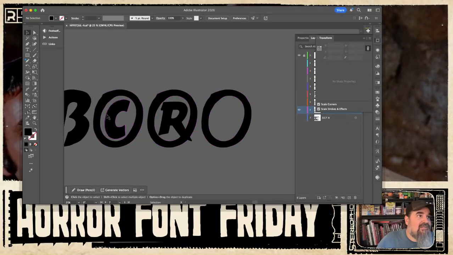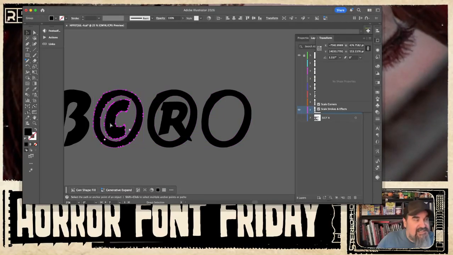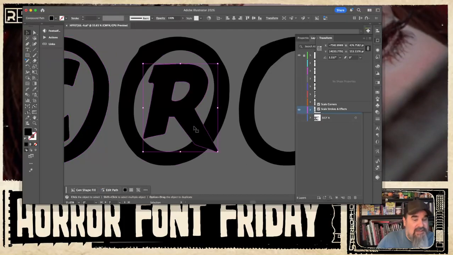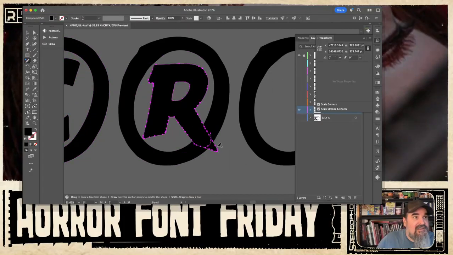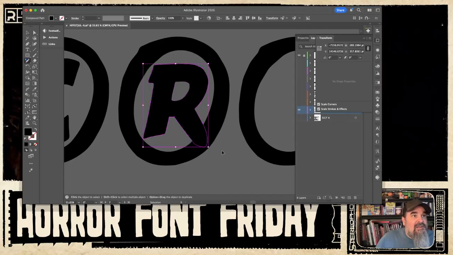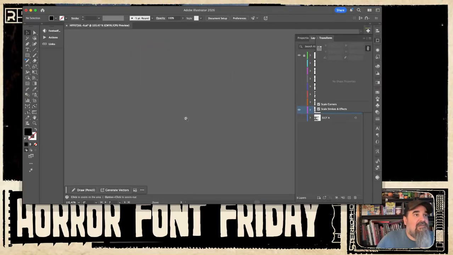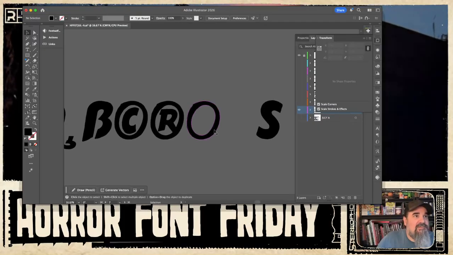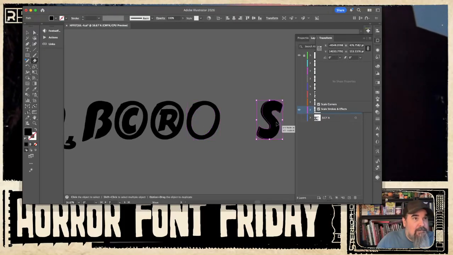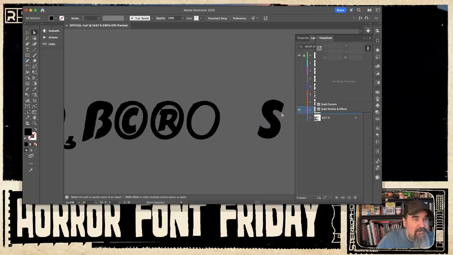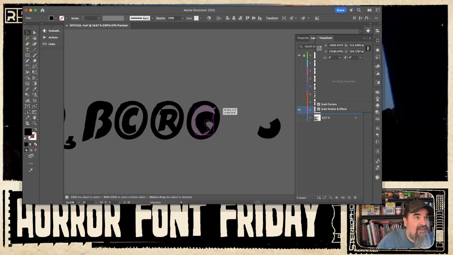There we go. I just wanted to make it so it kind of matched that C a little bit, so it would feel like it belonged with the rest of the letters. Gonna cut that R, but still have it going. That was a big zoom out. And we're gonna make this little lowercase a here.